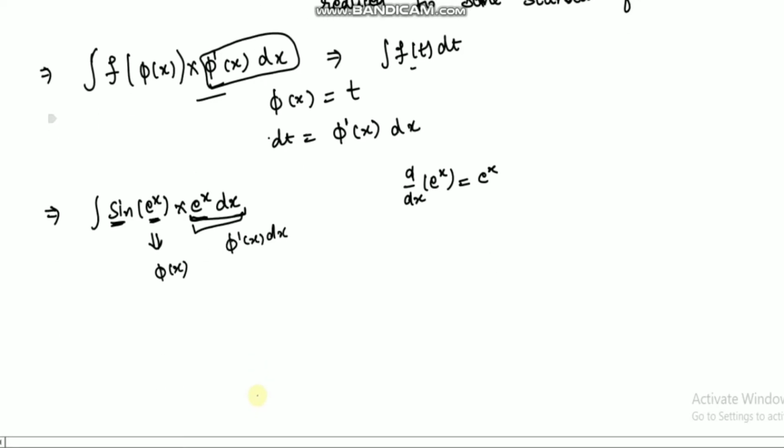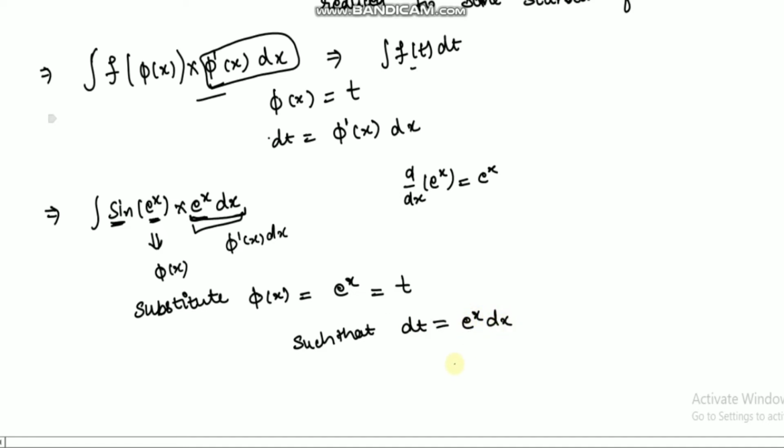So substitute phi of x equal to e raised to power x equal to t, such that dt becomes e raised to power x dx, and our integration becomes integration of sine of t dt.